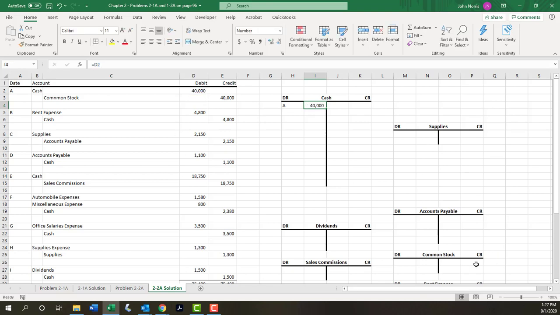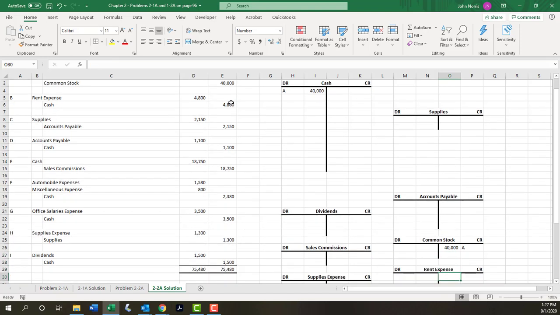cash and common stock, rent expense, C is supplies. And that was on account.